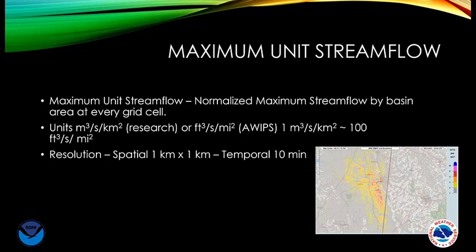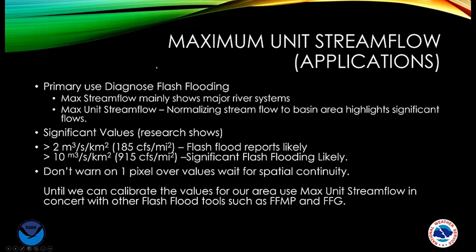One thing to remember: 1 meter cubed per second per kilometer squared is approximately 100 cubic feet per second per mile squared. And what you should note is that the values on these slides I'm going to show are in the metric units, so just multiply by 100 to get the values. And I'll show a table to give you a first guess.